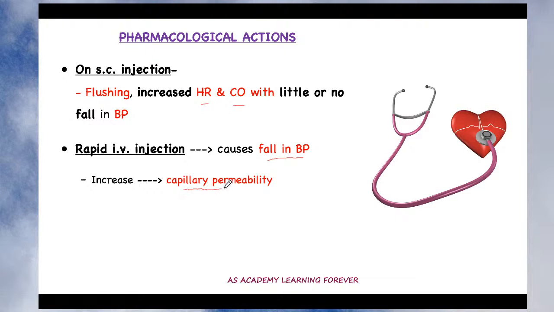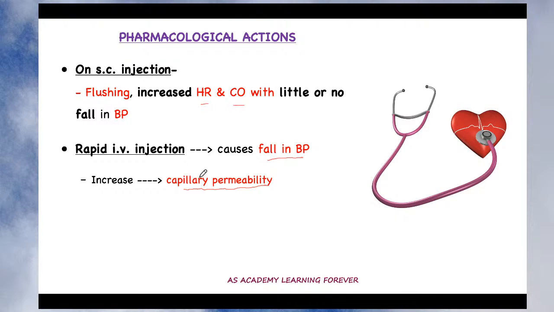There is an increase in capillary permeability, and it is very obvious, because when you give histamine, in smaller blood vessels like capillaries and venules it produces dilatation. Due to dilatation of the capillaries, there is an increase in the pore size of the capillary, which increases the permeability of the blood vessel.